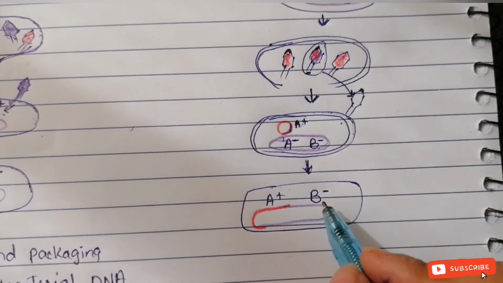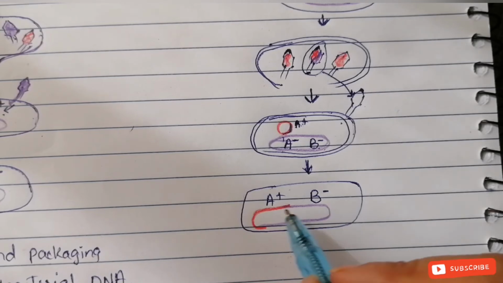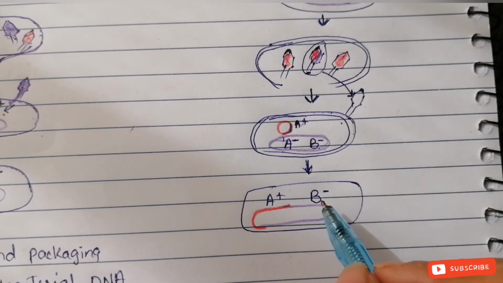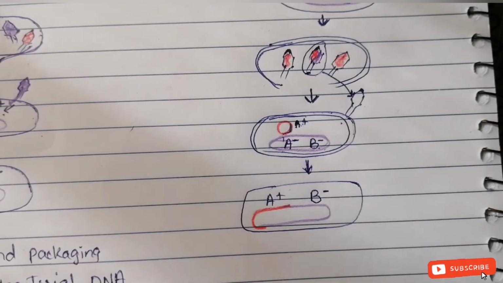Now the new genome of the host bacterial cell will be A positive and B minus. So the bacteriophage causes the recombination or mutation of the genome of the bacterial cell. So this is the specialized transduction.